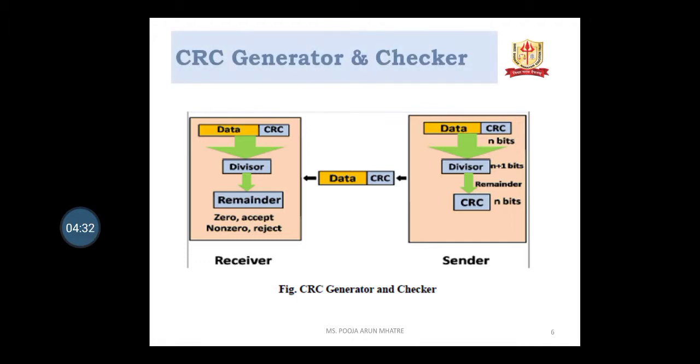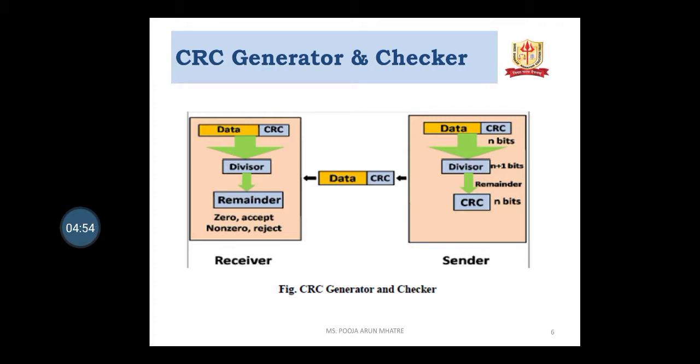Here the diagram shows the CRC generator and checker. The receiver divides the data including the CRC bits, and we get the remainder, which is zero or non-zero; if non-zero, it is rejected.